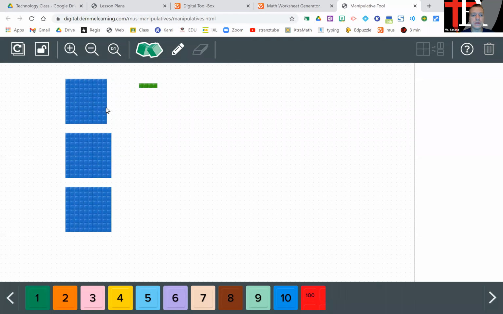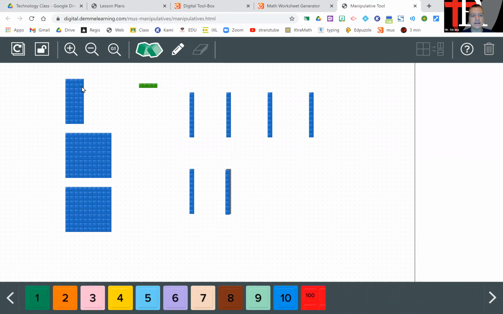Let's do that first. So we got 1 group here, 2 groups, 3 groups, 4. I'll do 4 over here actually. 4, 5, 6, 7, 8. Okay, so we are splitting these. Let's start again.